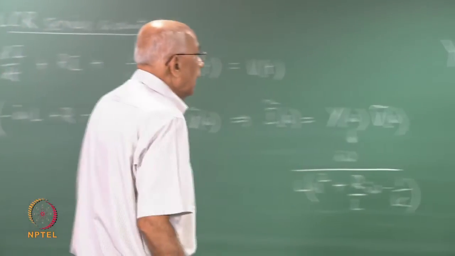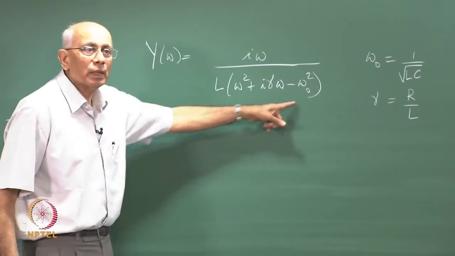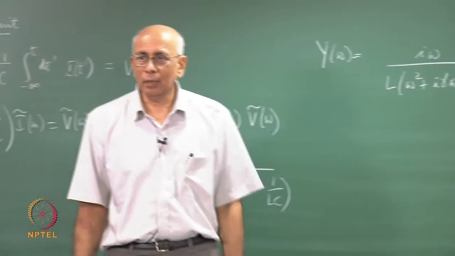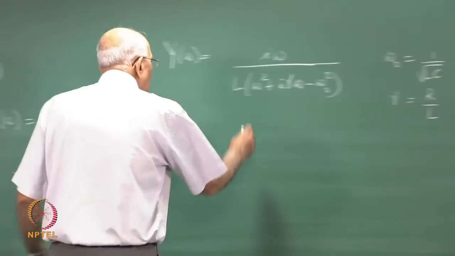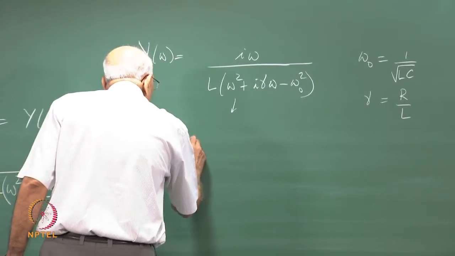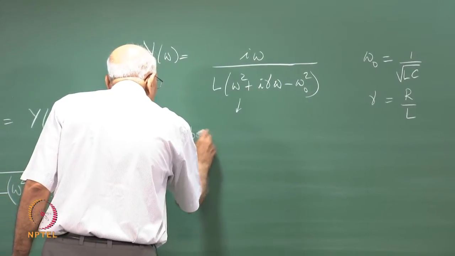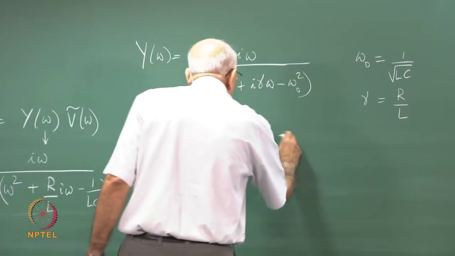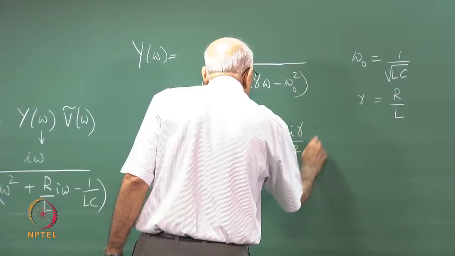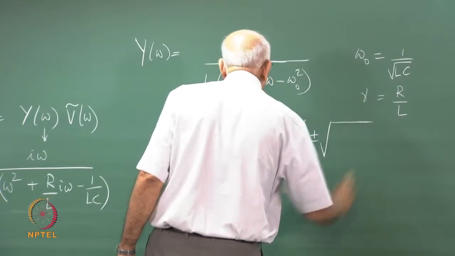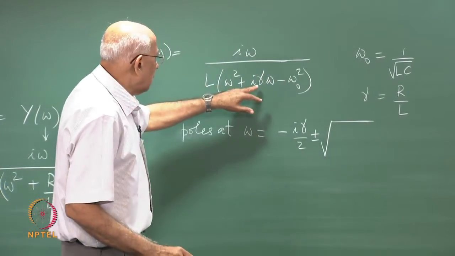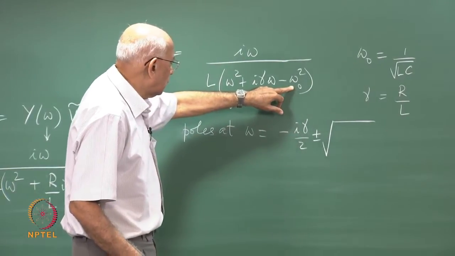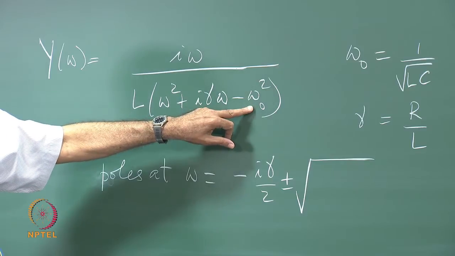Now, this obviously has poles in the denominator, and the question is, where are these poles? They can't be in the upper half plane. So, these poles are going to be simple poles at omega equal to minus I gamma over 2 plus or minus square root of, well, there is minus gamma squared and then a 4 here plus omega naught squared.